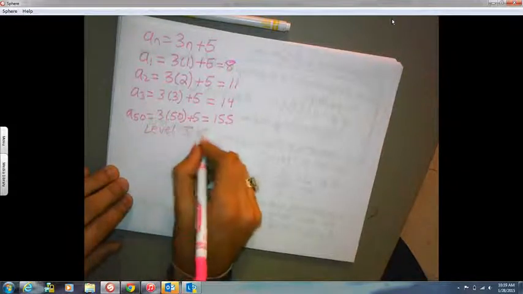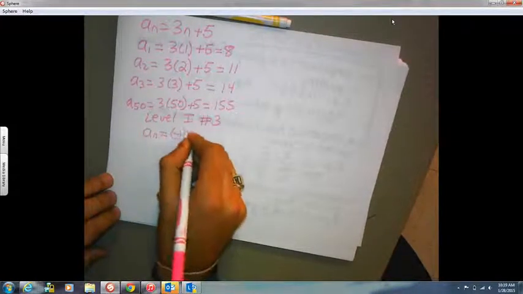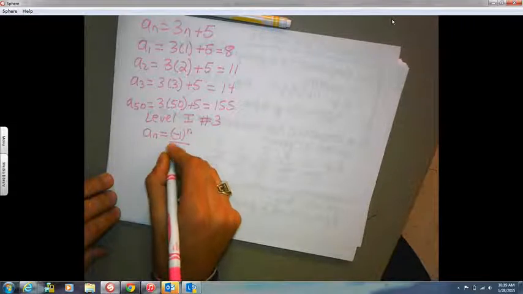Cool. Let's do an example. I'll do level 1, number 3. I think it's miswritten on the page. It should look like this. I think this a sub n got left out. What they want us to do here is find the first 4 terms and then the 100th term.